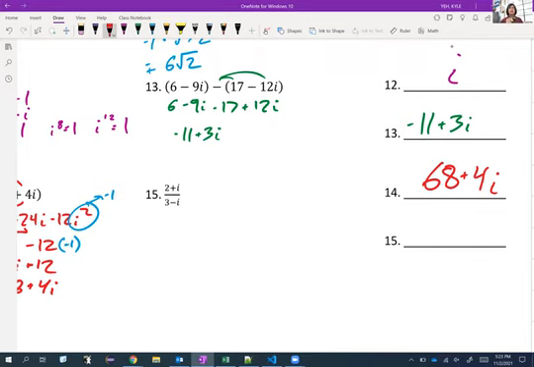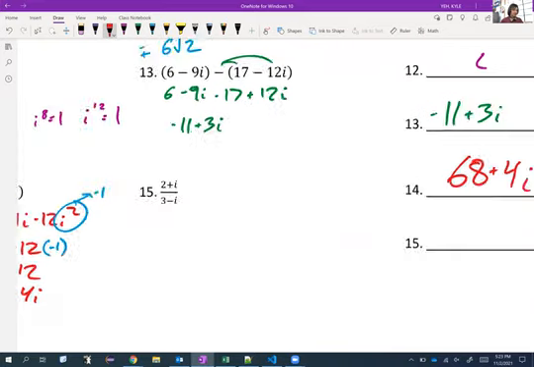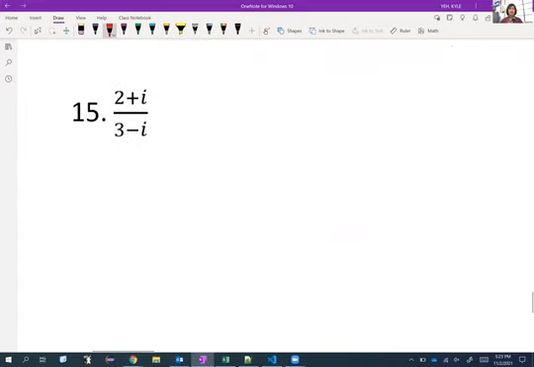Last problem on this quiz, dividing complex numbers. And if you remember, we can't have an i on bottom because i is technically the square root of negative 1. Radical, we don't want a radical on bottom. So what do we do? We saw in class, we're going to multiply by the complex conjugate of the denominator. 3 minus i, the conjugate is 3 plus i. And why are we going to do that?